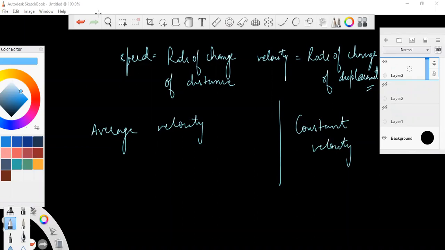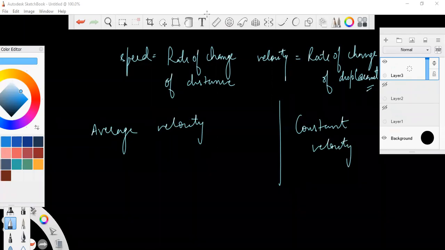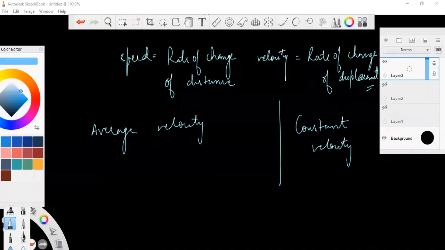So average velocity is total distance by total time. But in the case of constant velocity, the direction and the magnitude of velocity remain the same throughout the time period. Or it covers equal displacement per unit time.